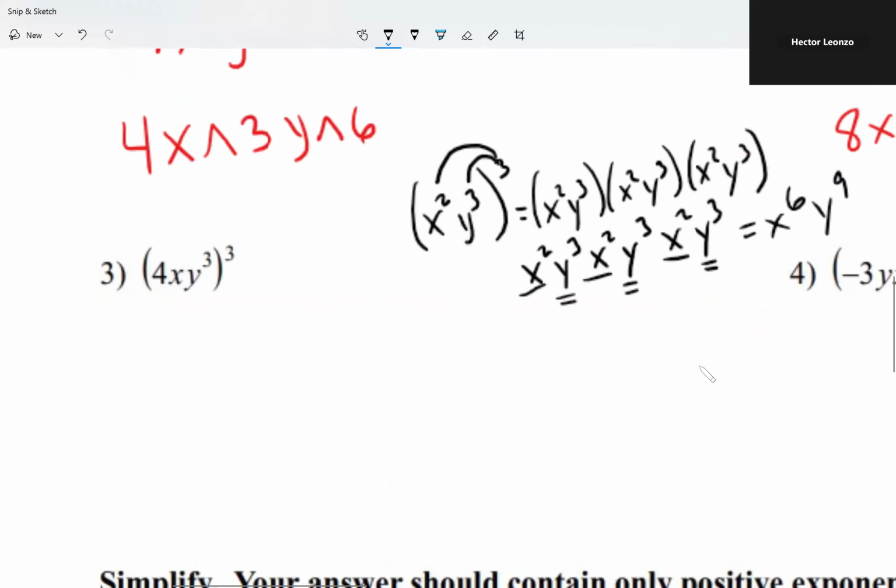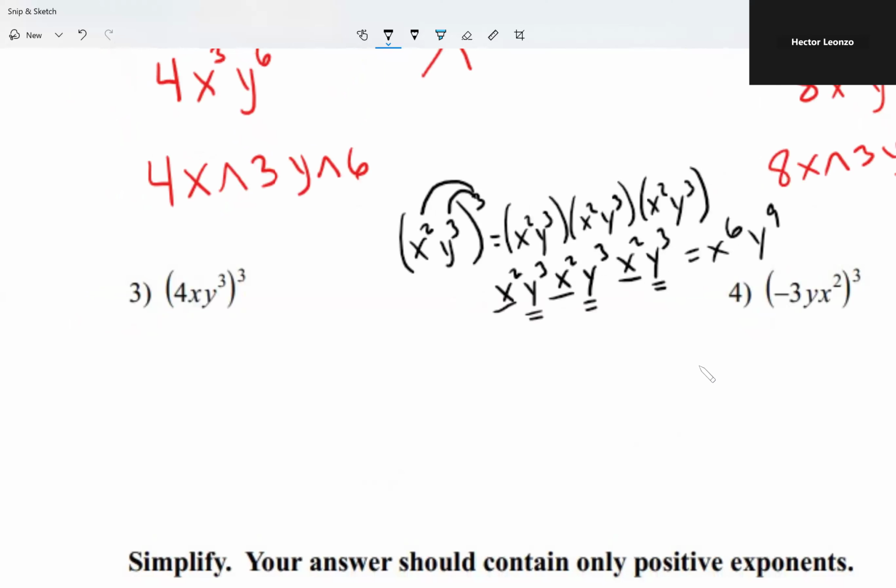So let's take a look at question number 3. I'm going to put a 4 to the 1 and x to the 1. I said every term inside the parentheses has an exponent, and I'm going to put a 1 for those exponents that I don't see. Because then I have to multiply this 3 on the outside to the exponents only.